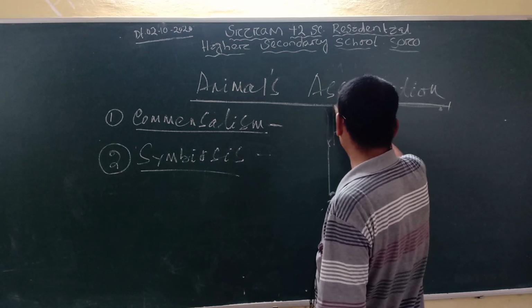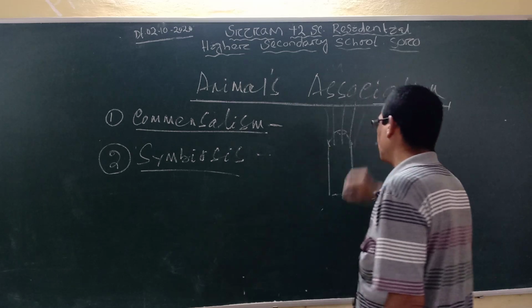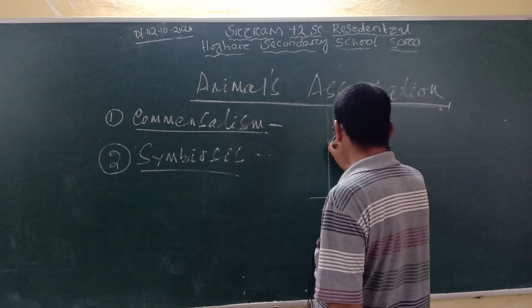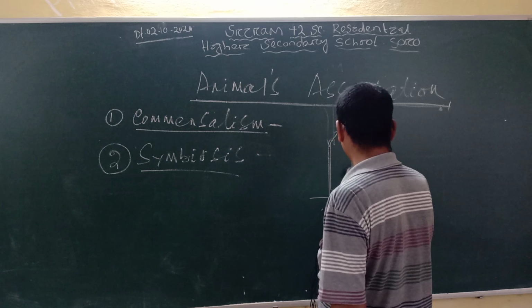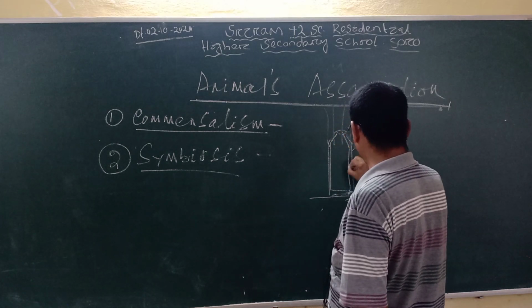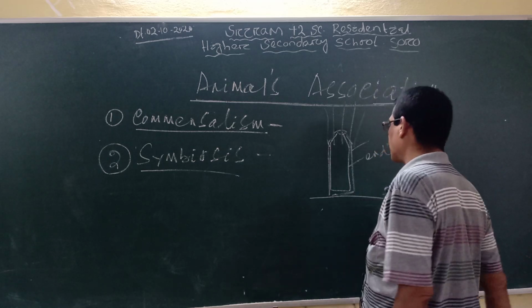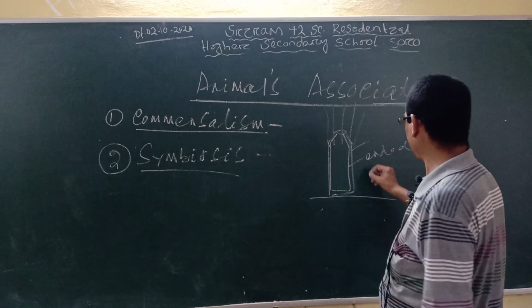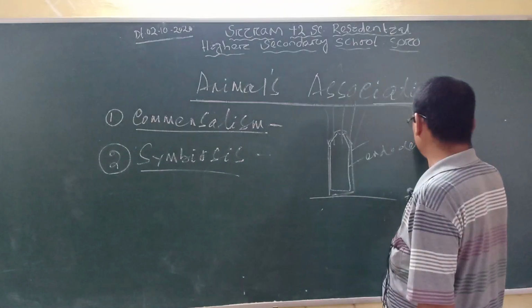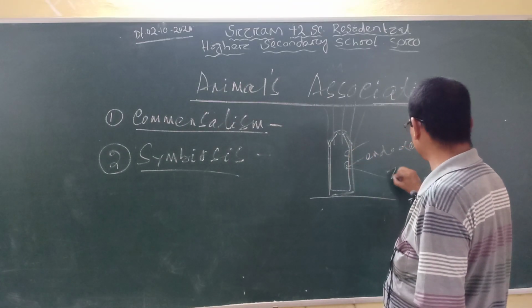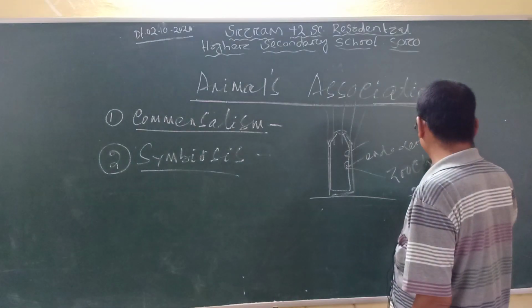You know hydra: it remains in the water and it is a coelenterate. It has two layers in the body wall: outer ectoderm and inner endoderm. In the endoderm, some algae remain. These are called zoochlorella.